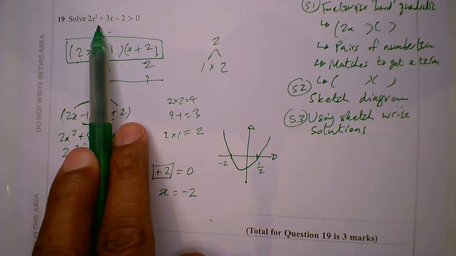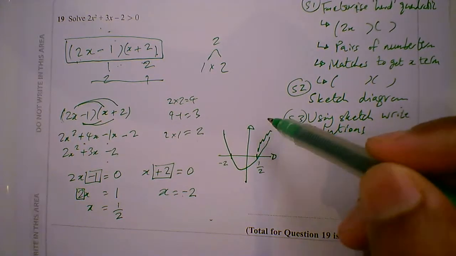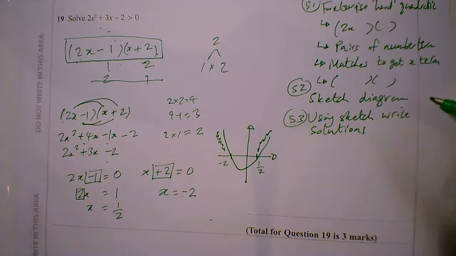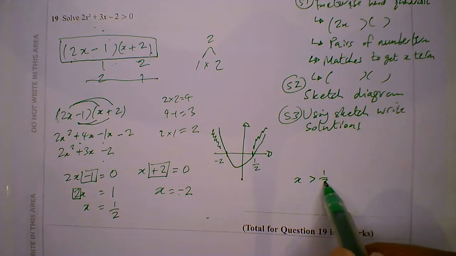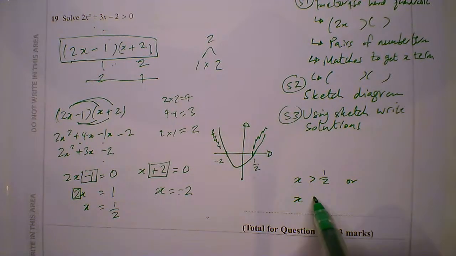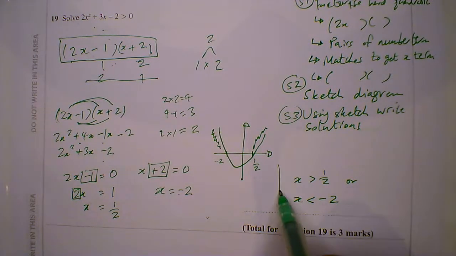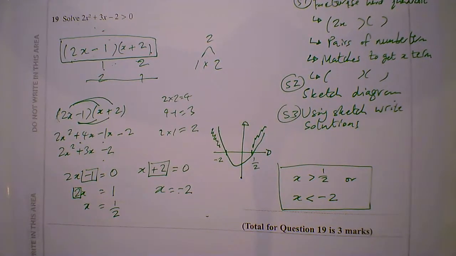Which part is bigger than 0? You can see this part is bigger than 0 and this part is bigger than 0. So this is x is greater than a half, or x is less than minus 2. And that is my final answer. All right, so 3 marks there.